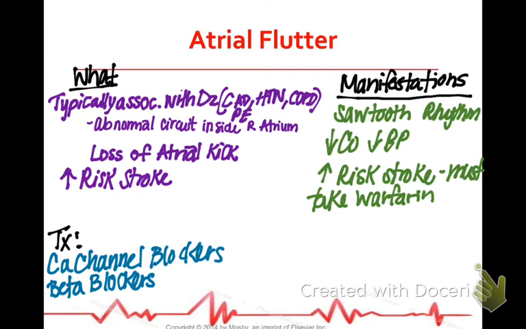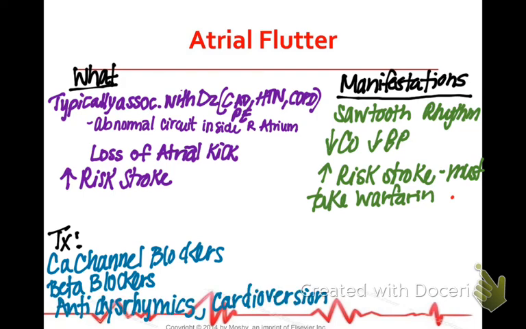They need to take warfarin or Coumadin. Often they'll be treated with calcium channel blockers. Beta blockers sometimes can be used. They can do cardioversion and anti-dysrhythmics, like I've seen people take amiodarone for it.